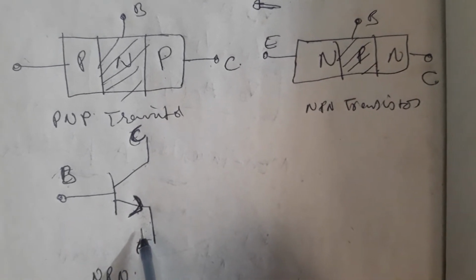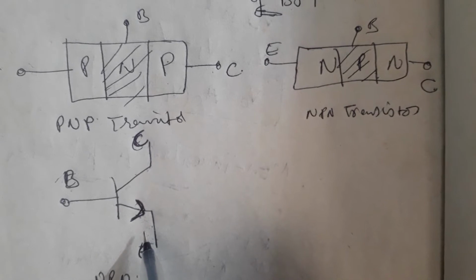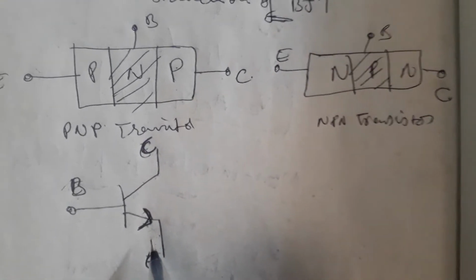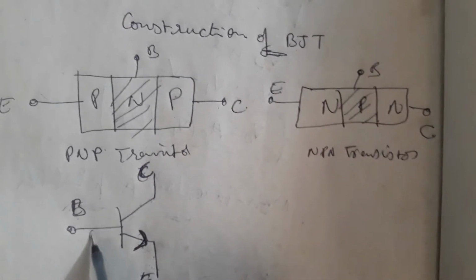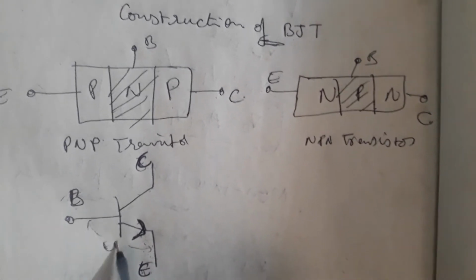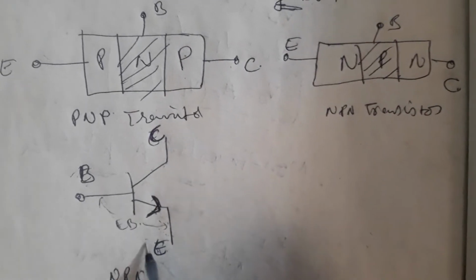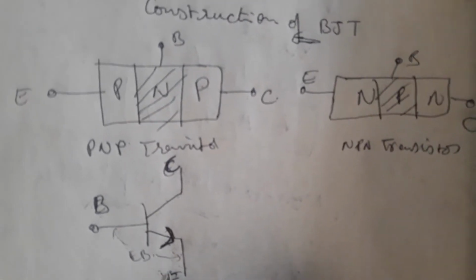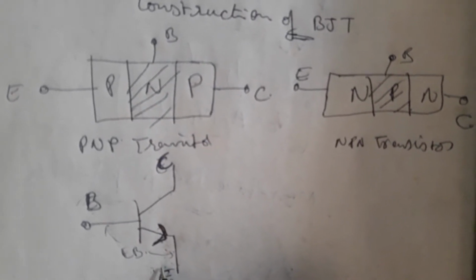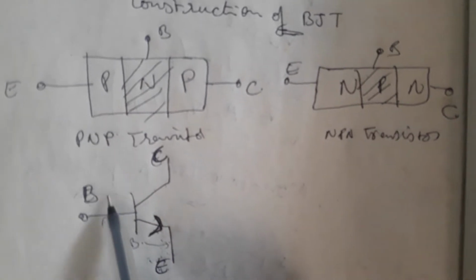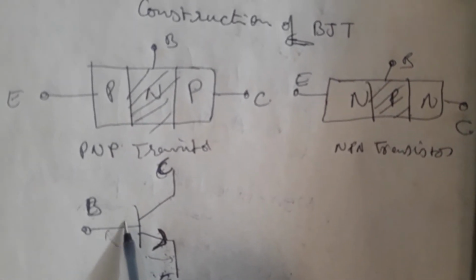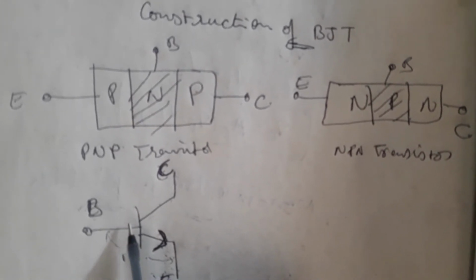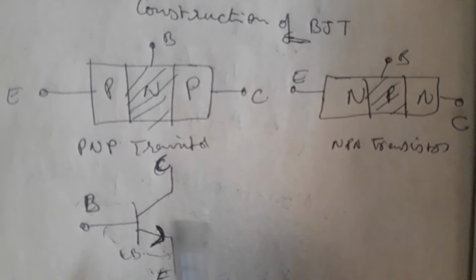The emitter is heavily doped so that it can inject a large number of charge carriers into the base. This is the emitter base junction, EB junction. The base is lightly doped and very thin. It passes most of the injected charge carriers from the emitter into the collector.